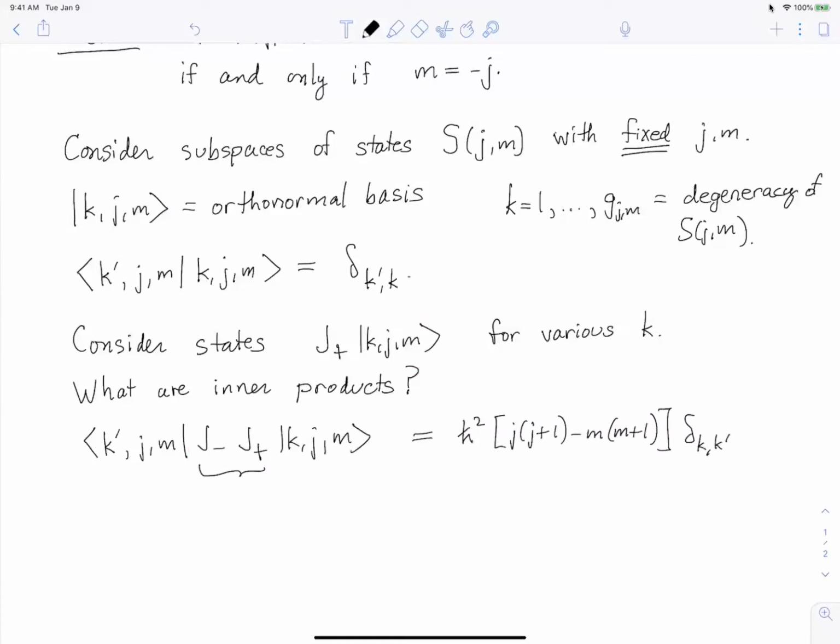So it looks like these things are almost orthonormal. In fact, they're orthogonal from the delta KK' factor, but then there's this funny factor in front. And so to make them orthonormal, we can just make the following definition.